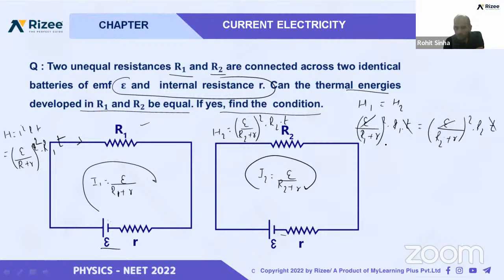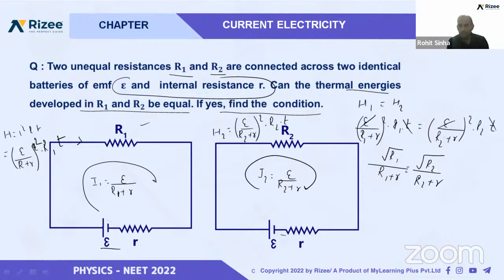Take the root on both sides. You will get root under R1 by R1 plus r is equal to root under R2 by R2 plus r.